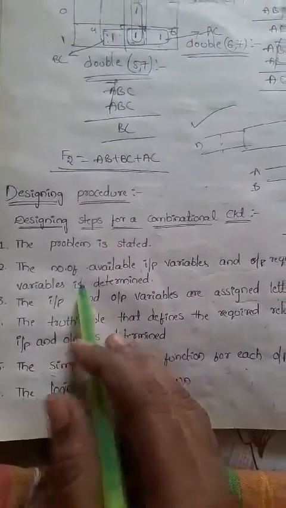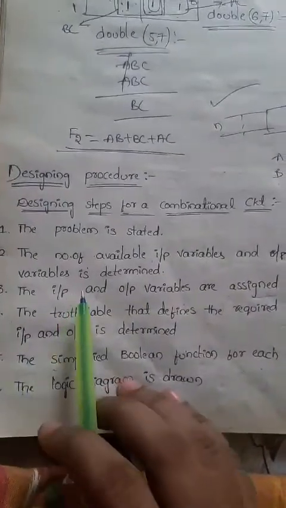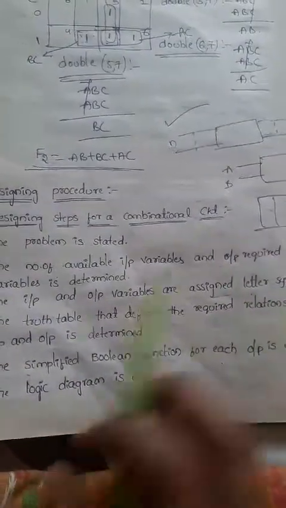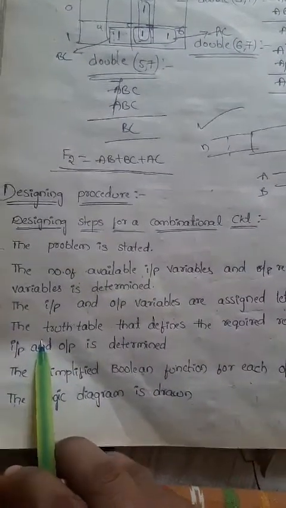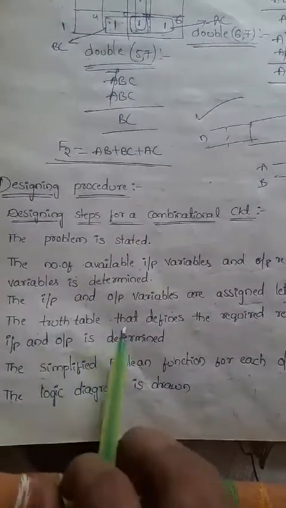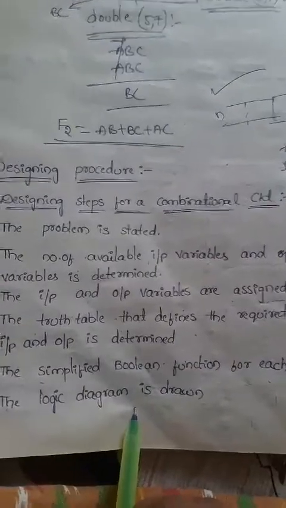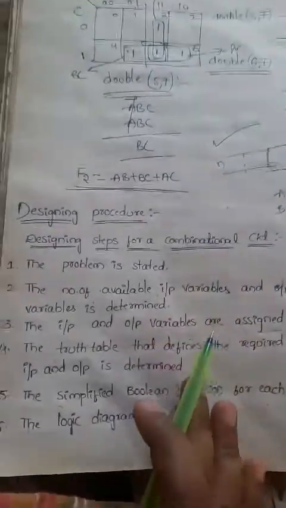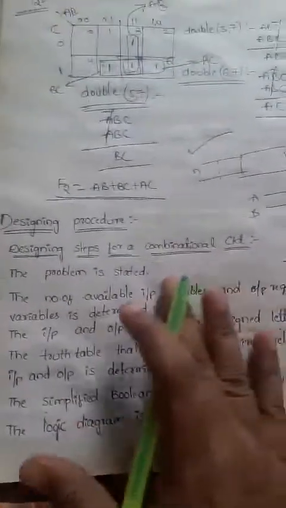The second: determine the input variables and output variables. The third: assign letters and symbols to the inputs and outputs. Next we design the truth table, then find the K-map for the Boolean expressions, and after that we draw the logic diagram. These are the steps for designing any combinational circuit.